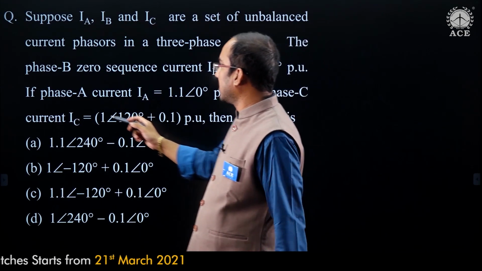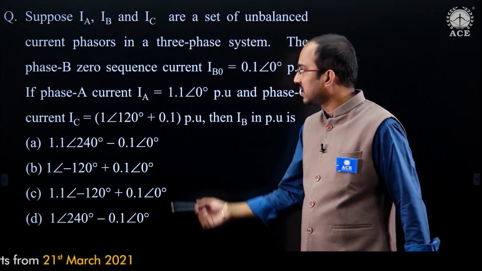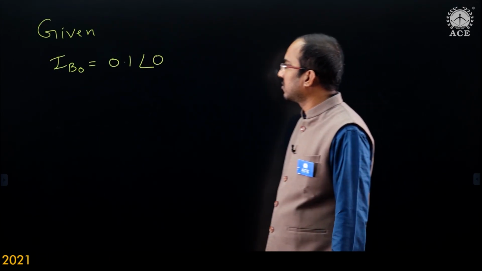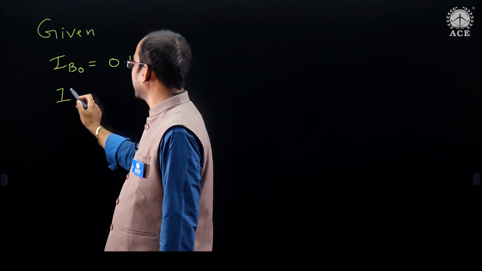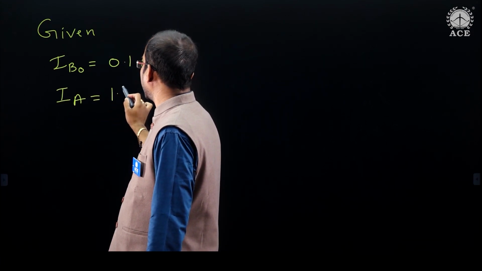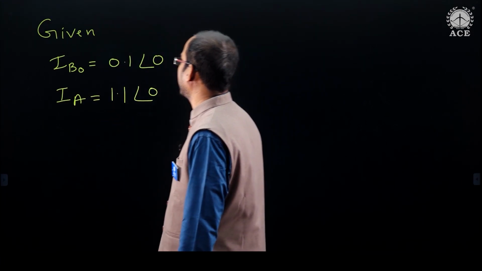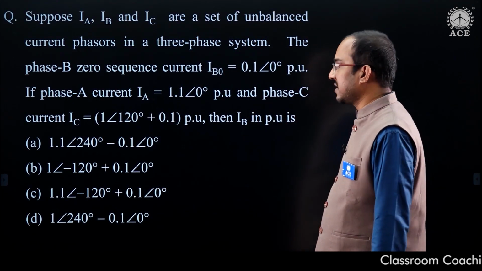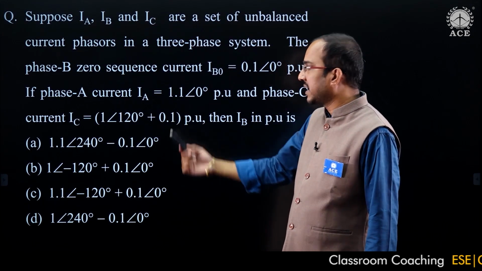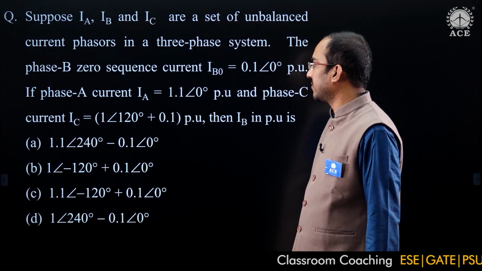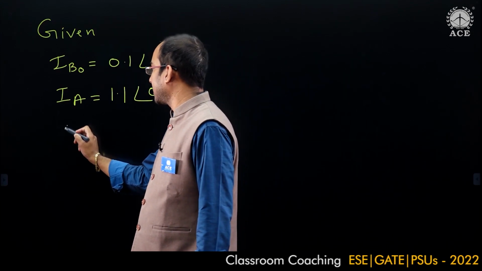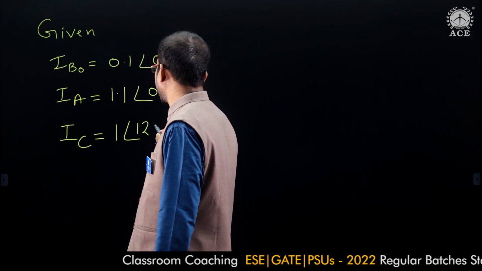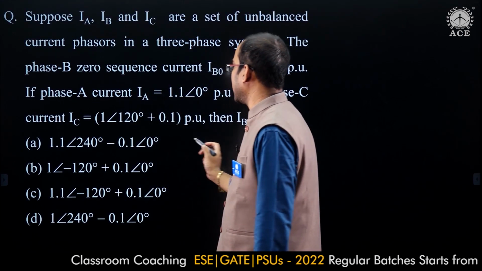And the phase A current is given as 1.1 at an angle of 0 degrees in per unit, and the phase C current he has given as 1 at an angle of 120 plus 0.1.